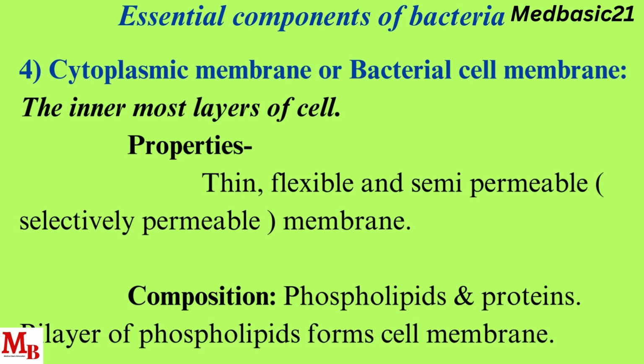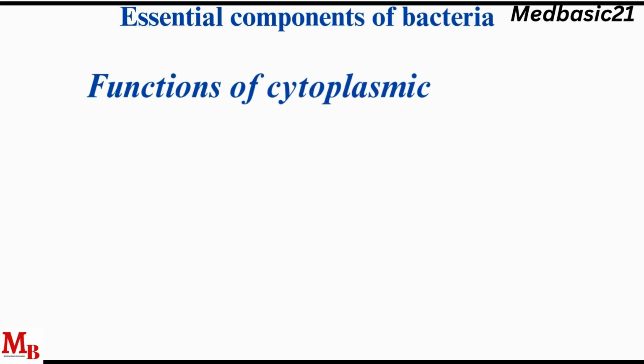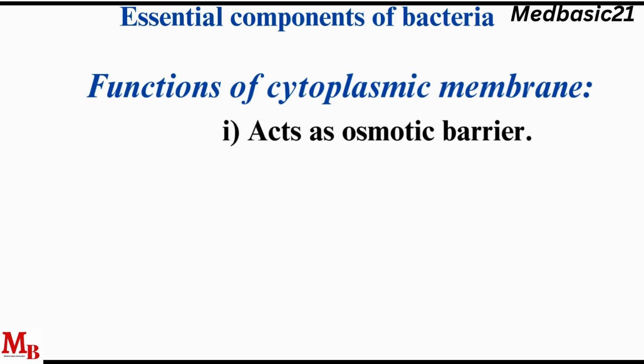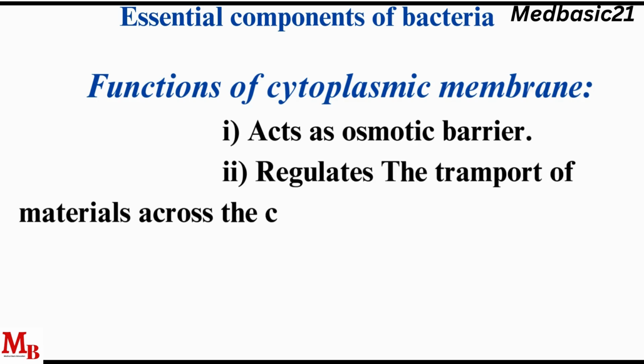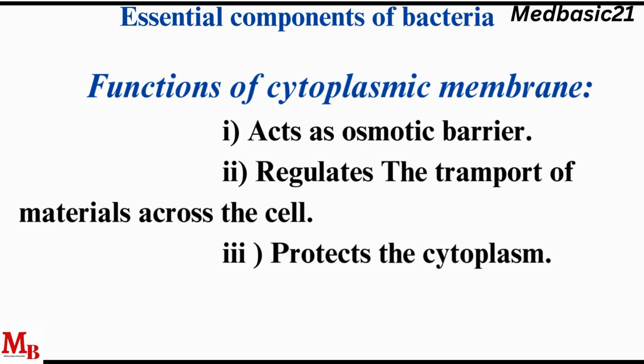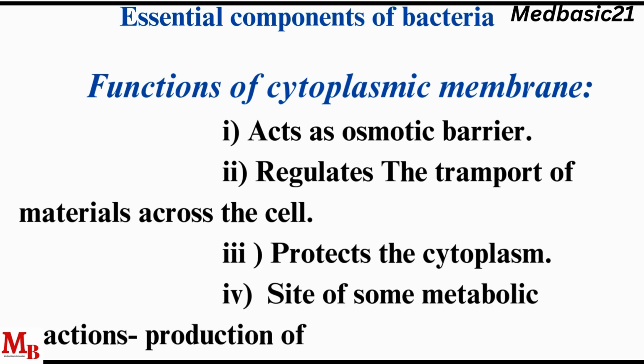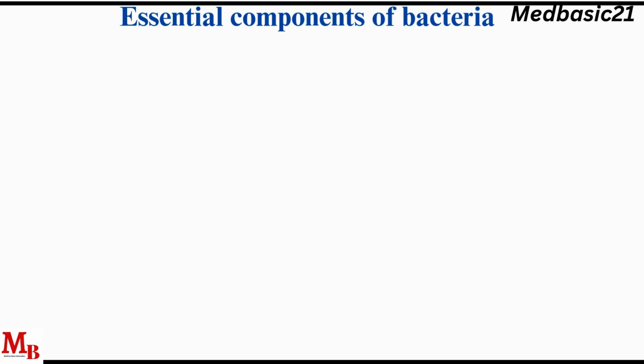Bilayer of phospholipids forms cell membrane. Functions of cytoplasmic membrane: acts as osmotic barrier. It regulates the transport of materials across the cell. Protects the cytoplasm. Site of some metabolic reactions, production of energy.